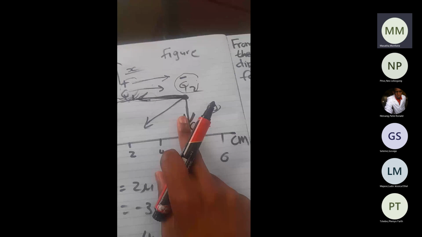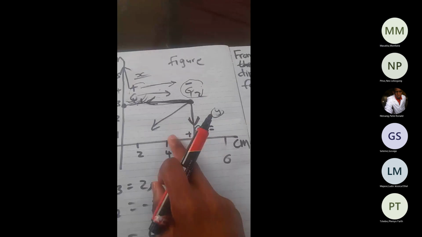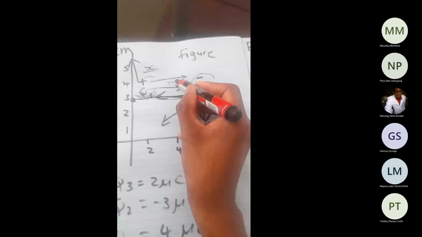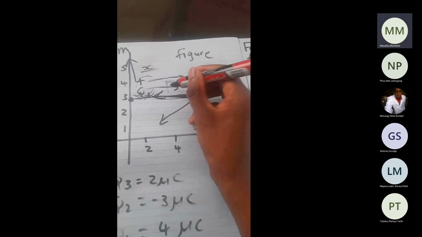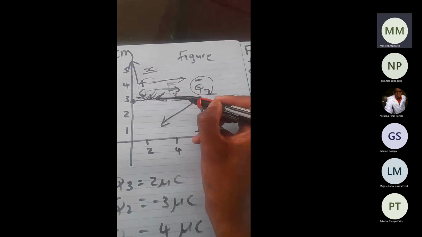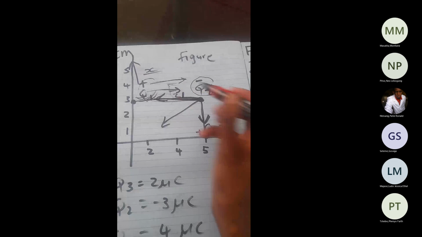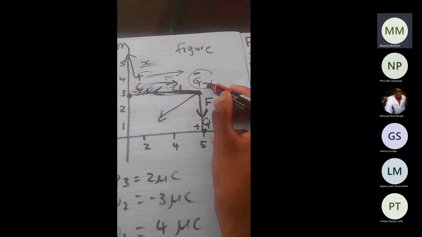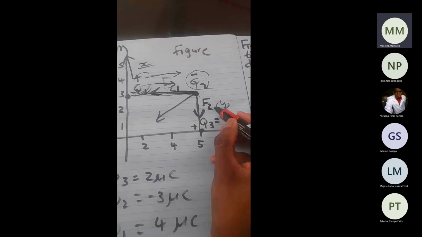So here, what I'm going to do is, this side is the force on 2 due to 1. This side is the force on 2 due to 3.